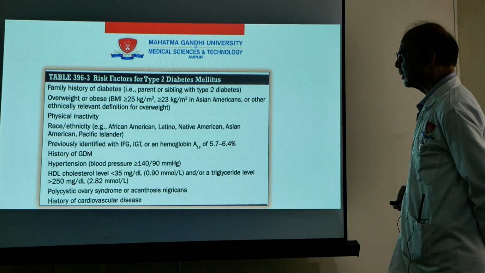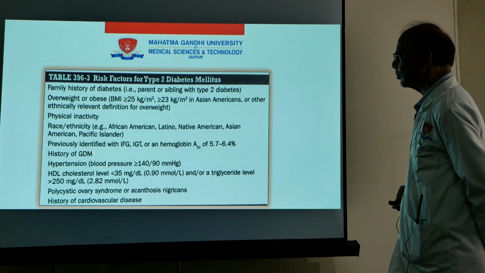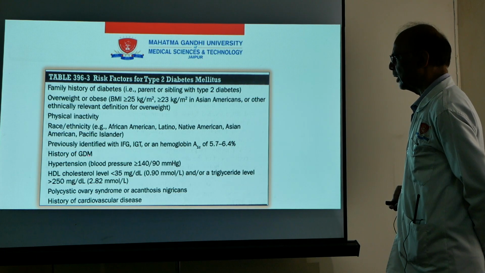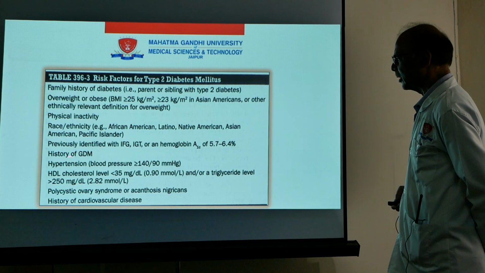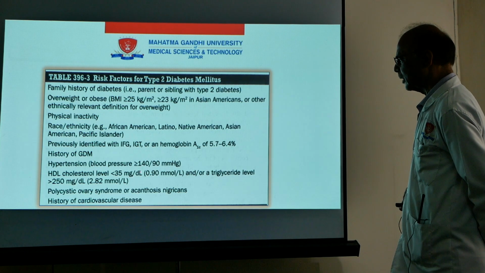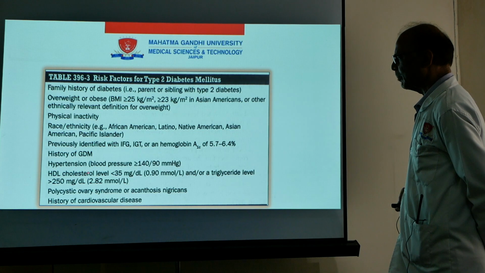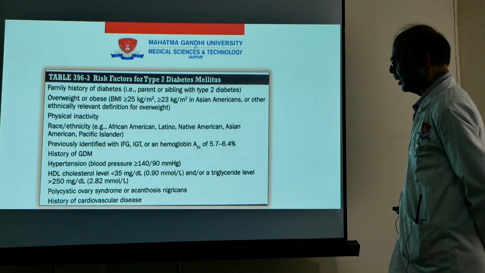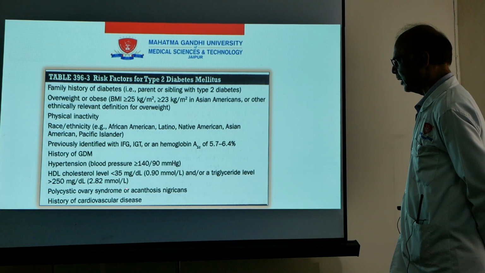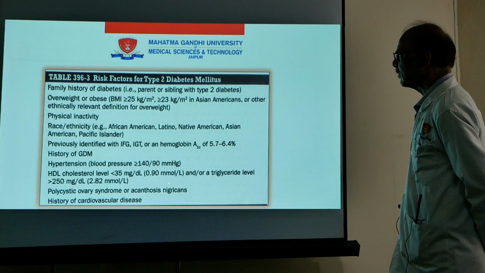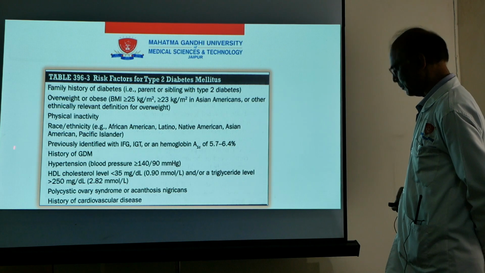If there is a history of gestational diabetes mellitus, the mother as well as kids born during this pregnancy may develop diabetes mellitus at a later age. If the patient has hypertension or HDL cholesterol level is very low, less than 35, chances of developing diabetes are high. Also in PCOD patients and acanthosis nigricans, chances of developing diabetes are very high.